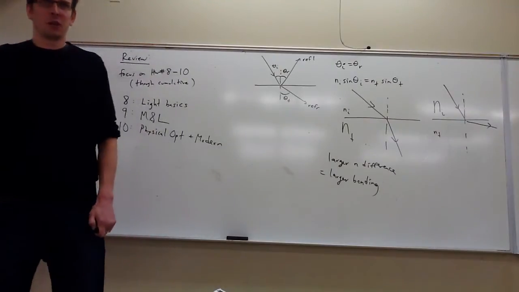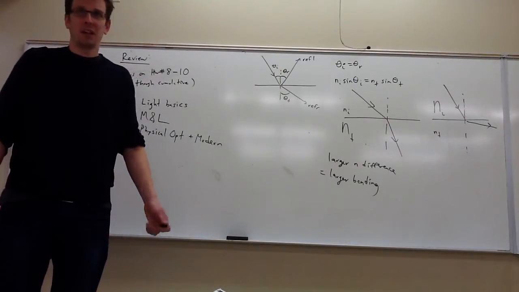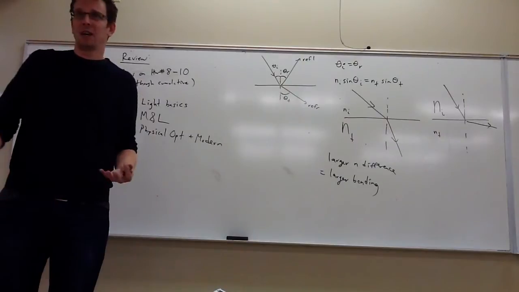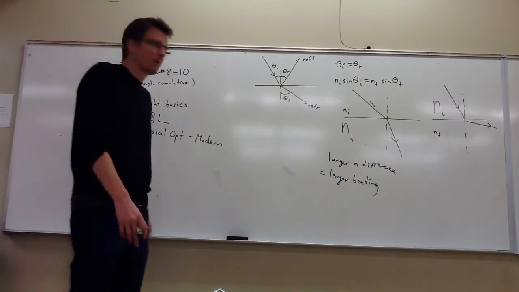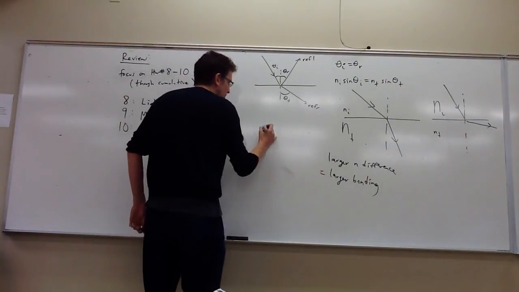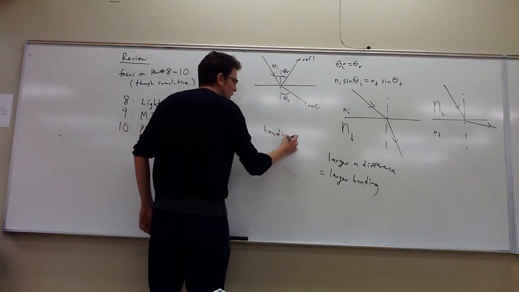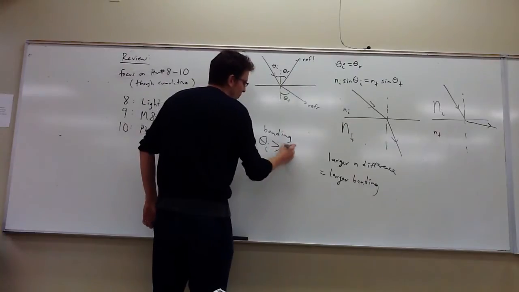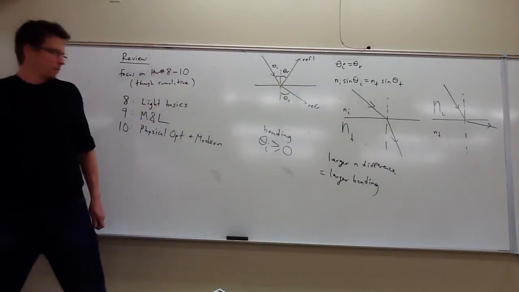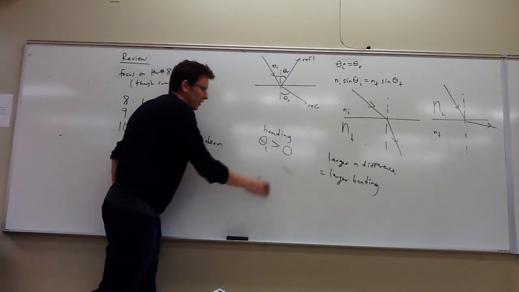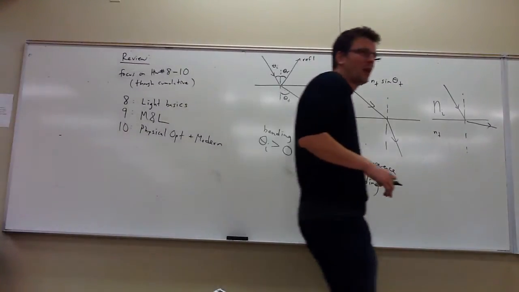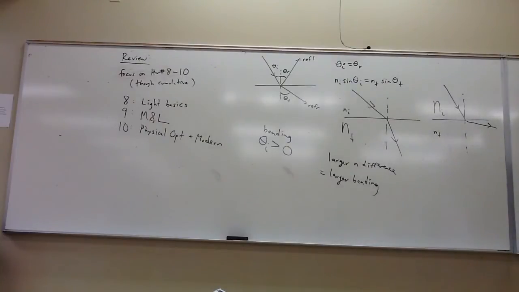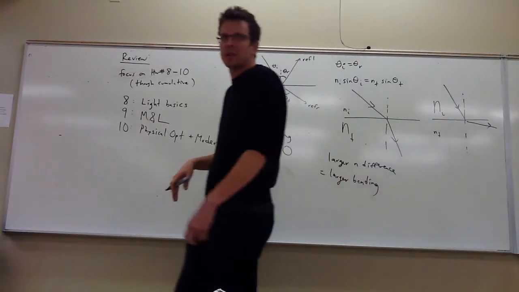If the n values are very close to each other, you'll get very little bending. And of course, in the limit that the n value doesn't change at all, you won't bend just because you feel like it. There's no bending anymore at all. I guess the other thing I should mention is remember that the bending only happens for angles above 0. Oh, not equals. There we go. So any light beam that comes in along the normal just goes straight through. The bending business only starts to happen if the incident angle is something.